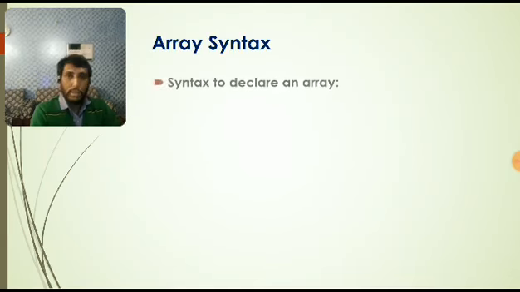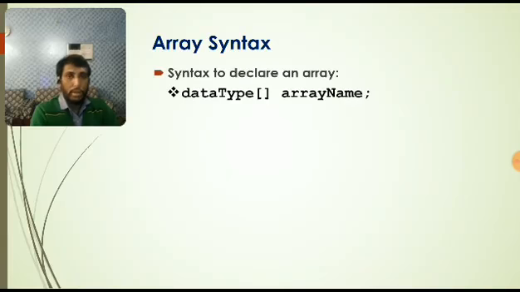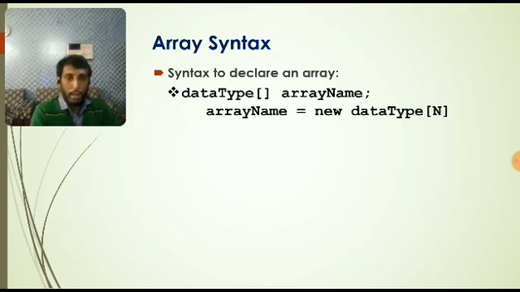Array syntax. So syntax to declare an array: data type was int, float, double, and then name of the array. Generally we are declaring in a normal way. Okay, so array name and then new data type. After this we have to initialize it.